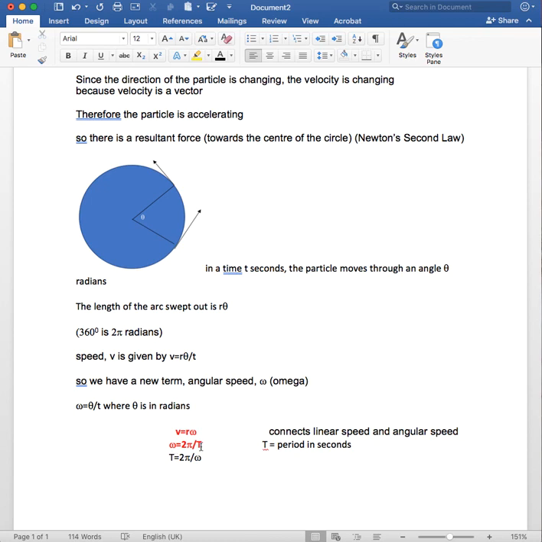Omega, the angular speed, of course, is one circle in the time it takes to sweep out one circle, which is the period, which gives us the period as 2 pi over omega, just rearranging that equation. It's important, I think, that you understand this rather than trying to learn it as such. But there you have your basics then of circular motion.